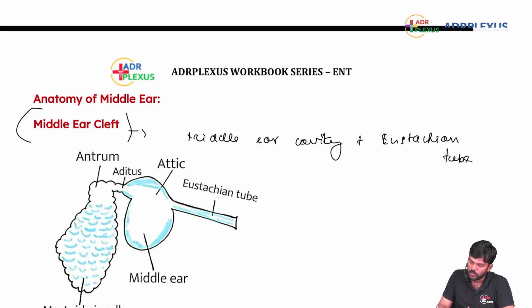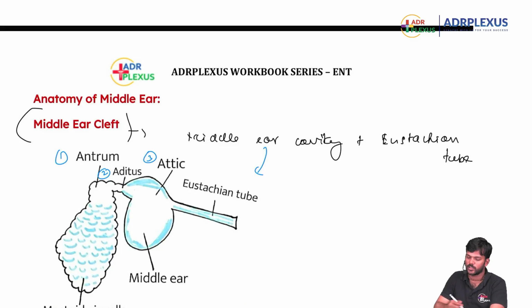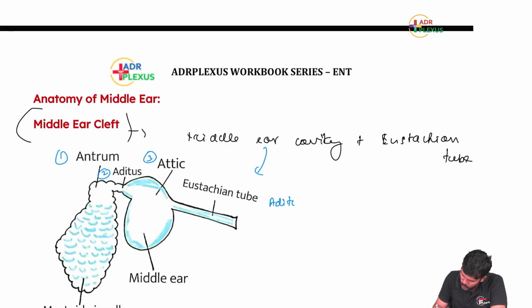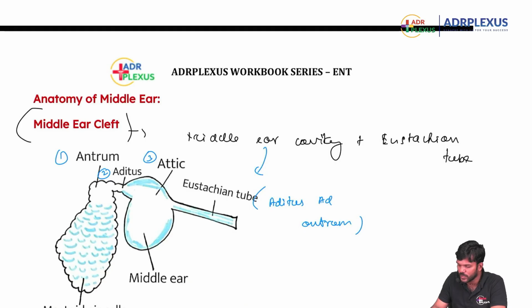This middle ear cavity is comprised of the antrum, aditus, and attic. It is called the aditus ad antrum. So these three are linked structures.